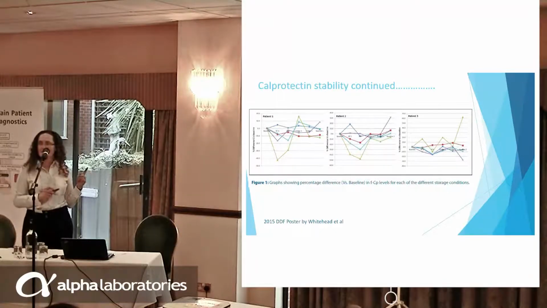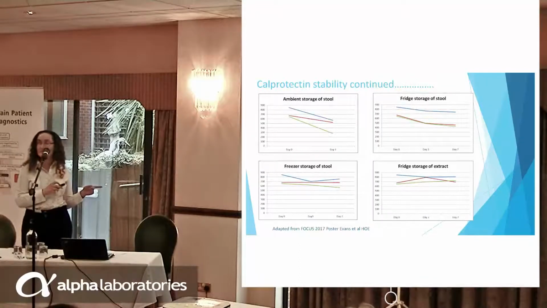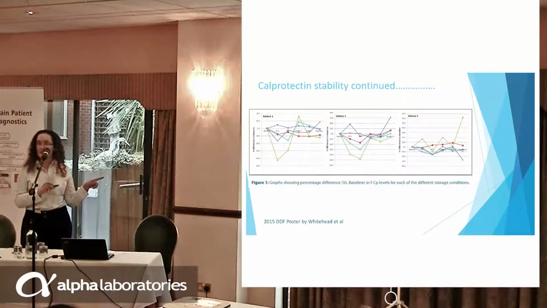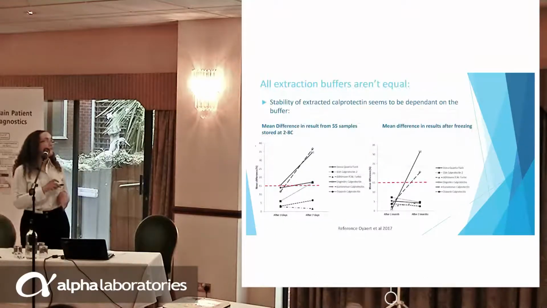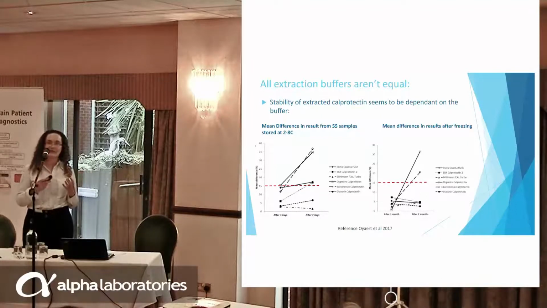So, bearing in mind that this is a stool sample, and we said back from this one that storage in the stool is not the best option, how about if we look at if they'd stored it in the extract, maybe you would have got a better thing. This is a paper that has been published in the last couple of months, actually, and they took 55 stool samples and they extracted them into different manufacturers' buffers.